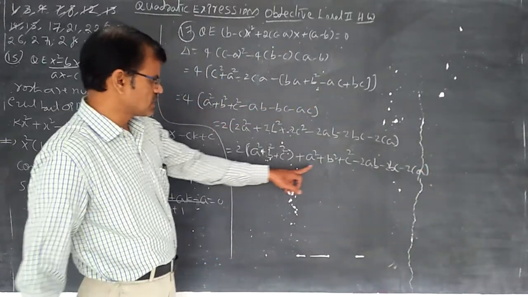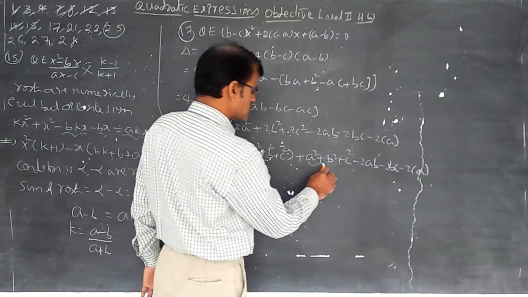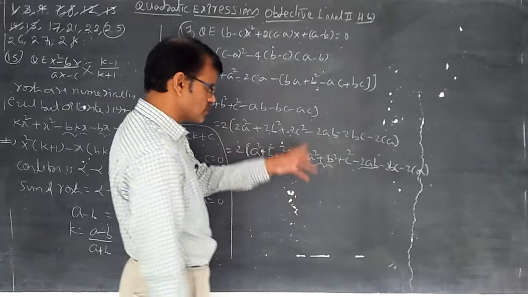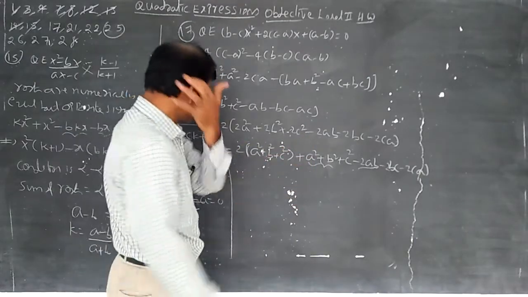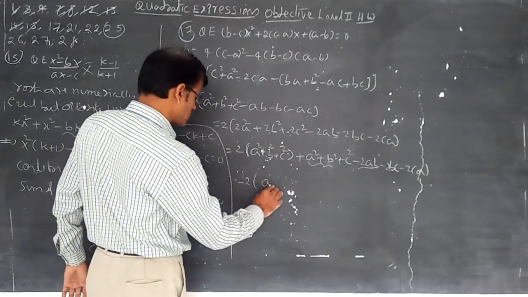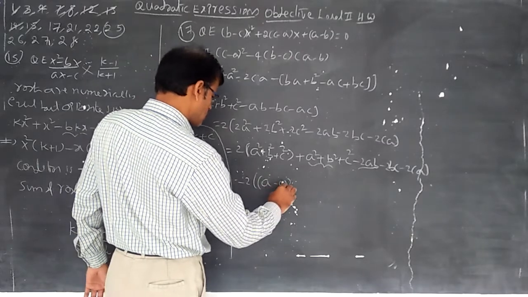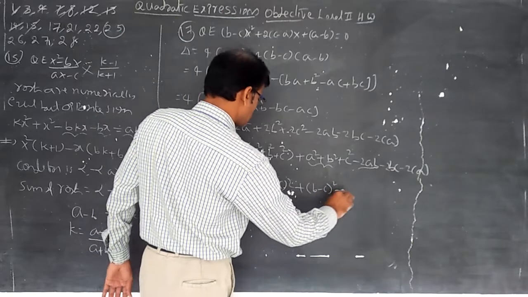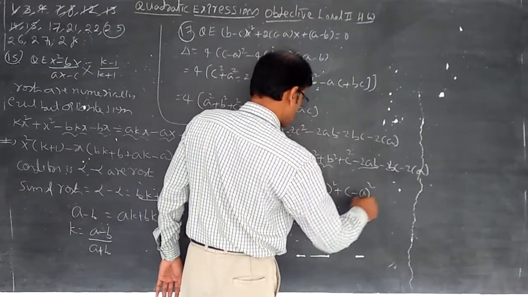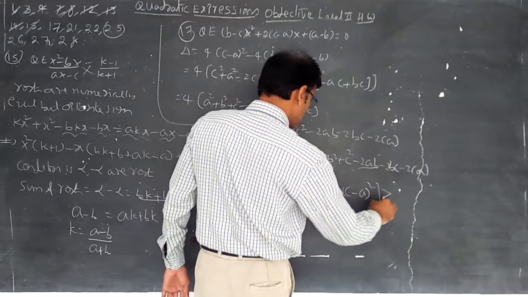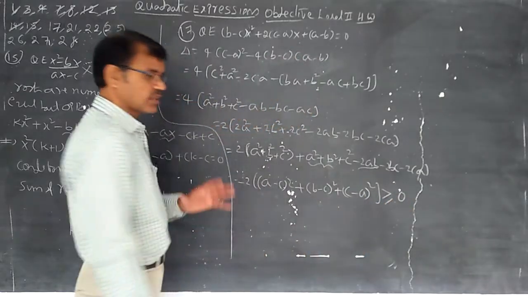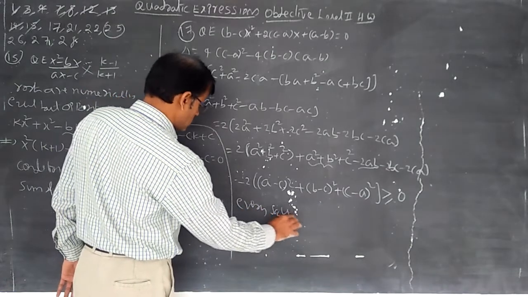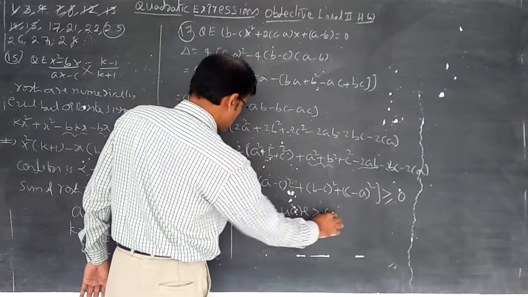So a square plus b square minus 2ab becomes a perfect square, b square plus c square minus 2bc becomes a perfect square, and c square plus a square minus 2ca becomes another perfect square. So you can write (a minus b) whole square plus (b minus c) whole square plus (c minus a) whole square. We know that every square is greater than or equal to 0.